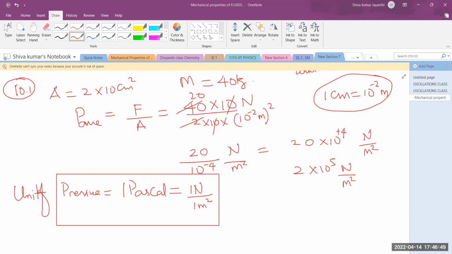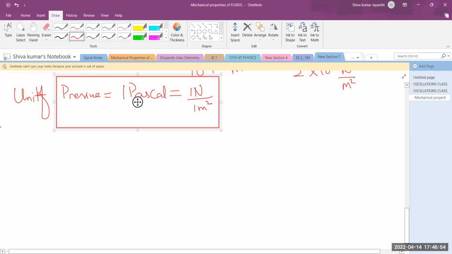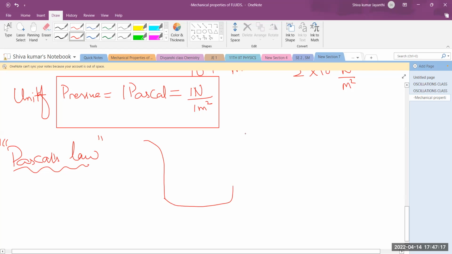So now Pascal has given a law that's called Pascal's law. What is Pascal's law? I will explain. Just listen and understand, then we can do the definition. For example, you have a container, or you are in a swimming pool.